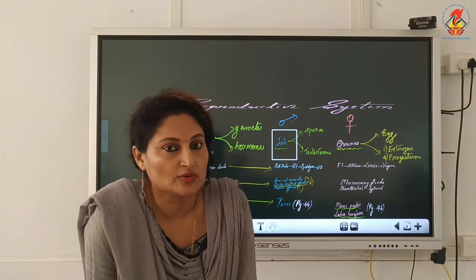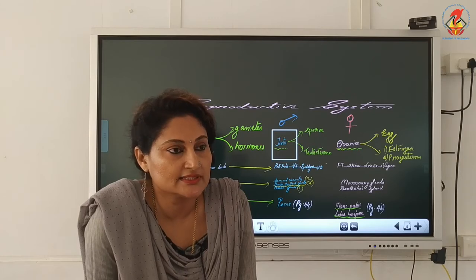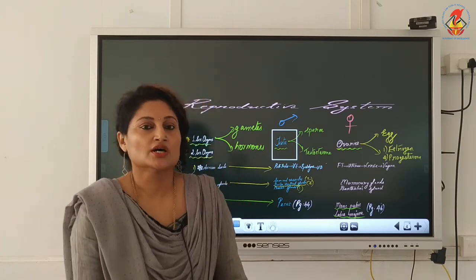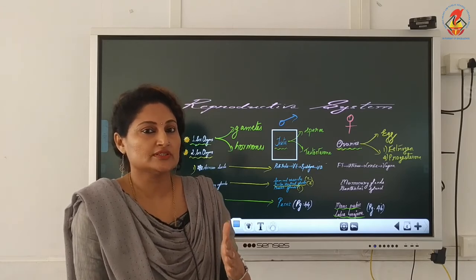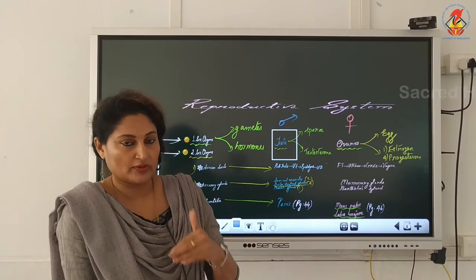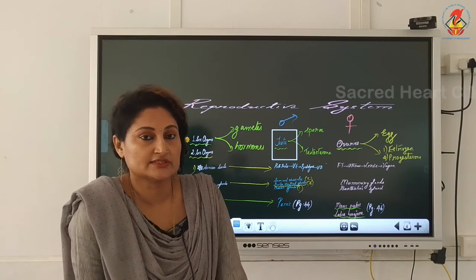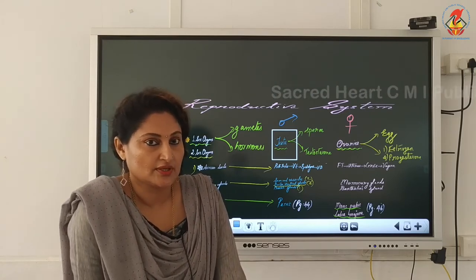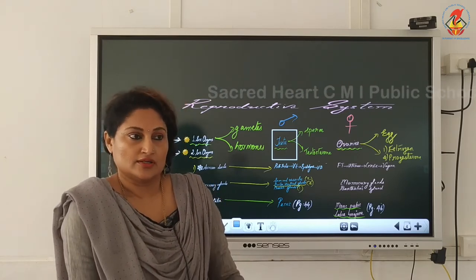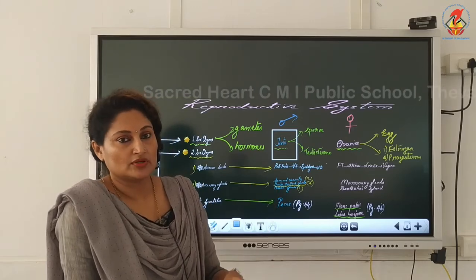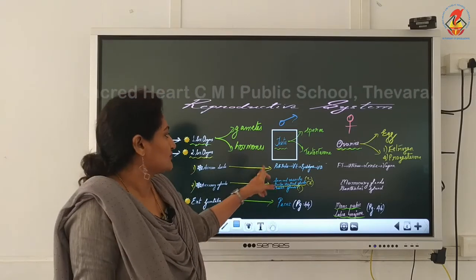Why is it located outside the abdomen? The reason is that in the scrotum, outside the abdomen, the temperature is 2 to 2.5 degrees Celsius lower than the body temperature, which is very necessary for spermatogenesis. That's why the testis is located outside the body in a sac called the scrotum.